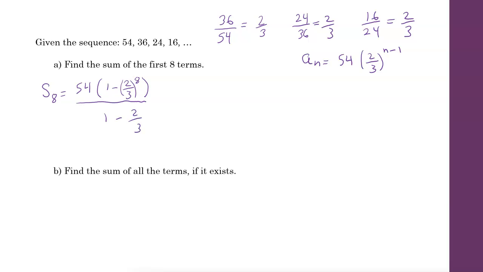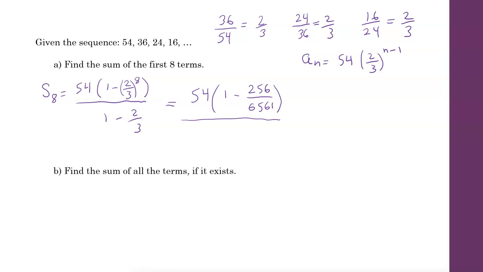Okay, so the rest of it is kind of a matter of doing a little bit of arithmetic and working this out. So if I go ahead and simplify this, on the top I have 54 times 1 minus 2/3 to the 8th power. 2 to the 8 is 256. 3 to the 8 is 6,561.